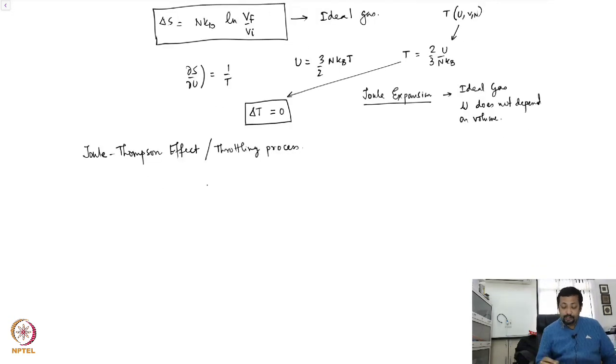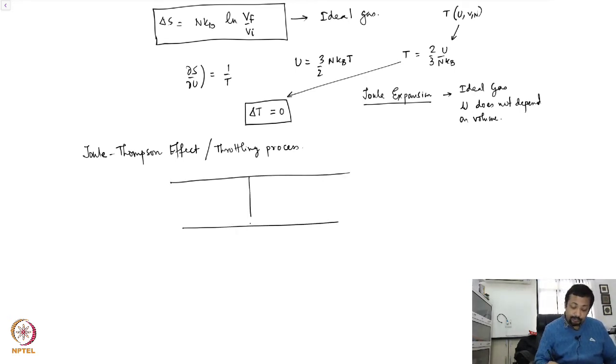What you have over here in the setup is two chambers which are divided by a porous medium which allows the gas to pass through. On this side of it, you have a piston, and on this side of it you have another piston.